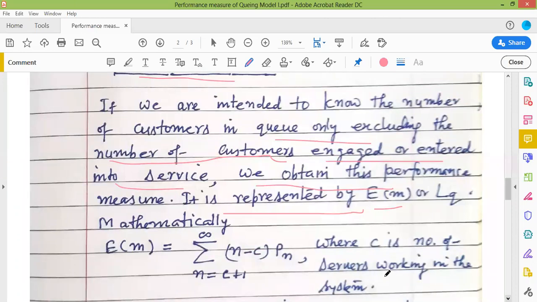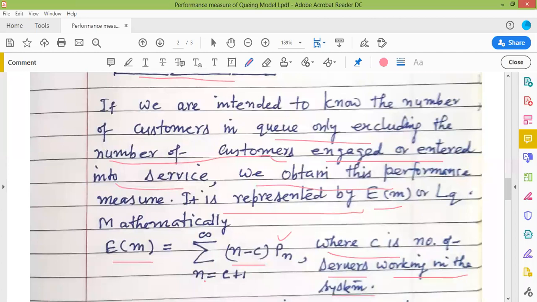So next, let us look at this formula. Expected m is equal to the sum over n, ranging from c plus 1, of (n minus c) times the probability Pn, where c is the number of servers working in the system.